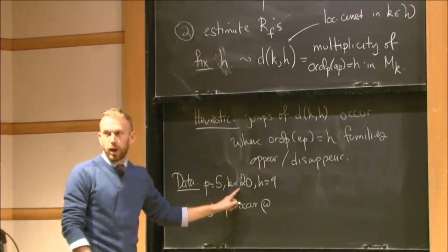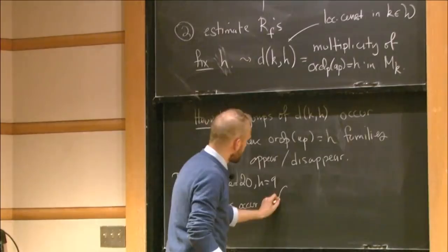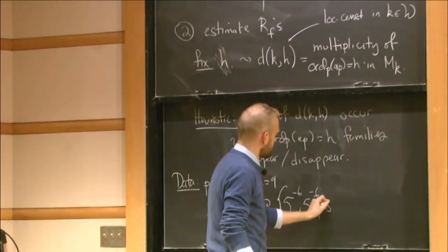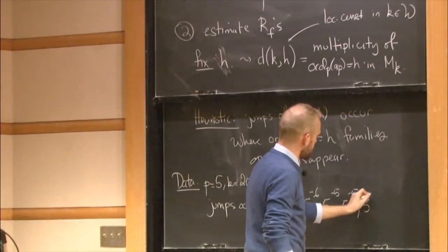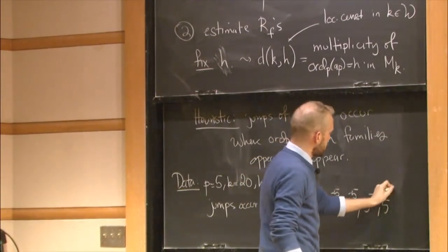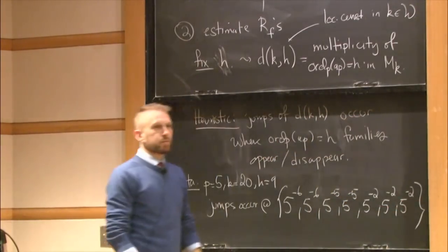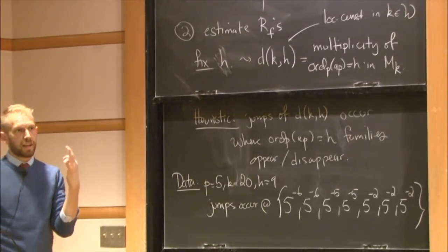So I'm measuring how far away from 20 the jumps are occurring. There's 2 5^-6, 2 5^-5s, and then 3 5^-2s.